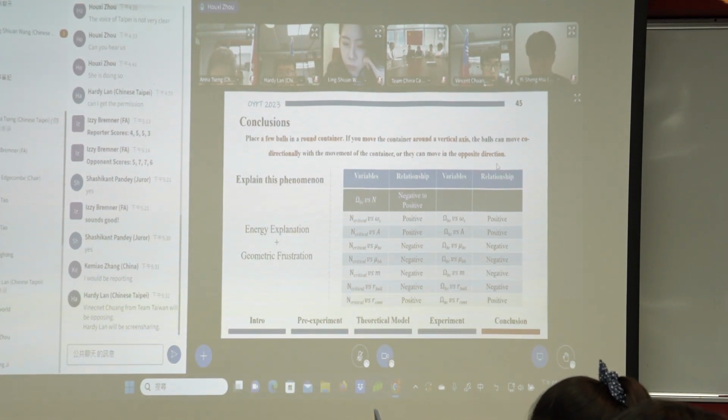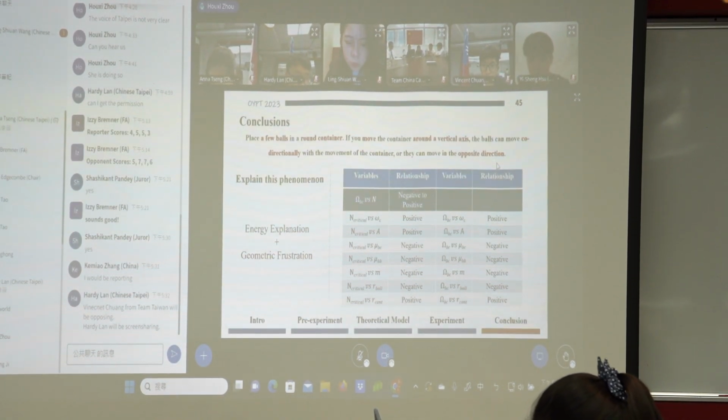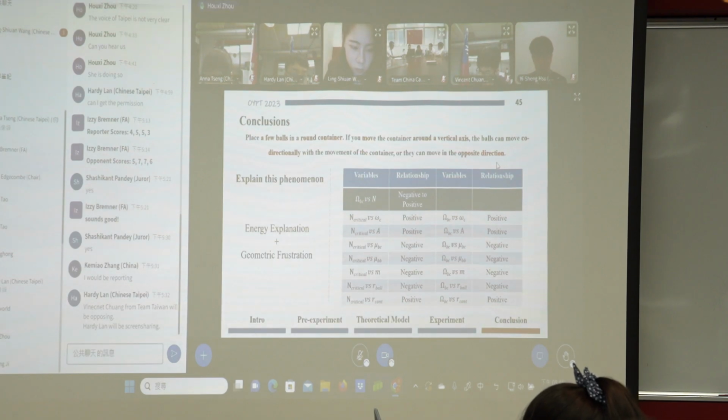Back to the question, it asks that the explanation and investigations must be done on the phenomenon, and we believe that through our report, we have successfully fulfilled the task.